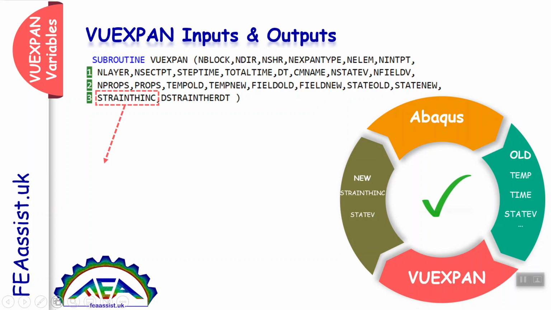Strain thermal increment: delta L per L0 equals thermal expansion coefficient multiplied by delta T. So this thermal strain needs to be defined in the VUEXPAND subroutine.